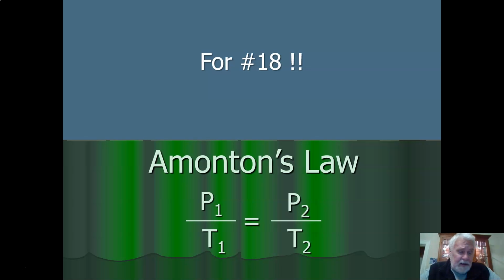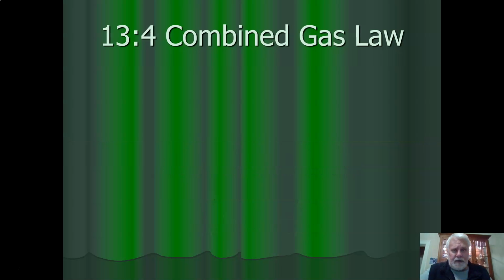It's not as common of a law, but you can see these are also direct relationships. Okay, and you could have an effect on the temperature if the pressure increases enough. You can get those molecules start to increase the average kinetic energy and increase the temperature. So again, a direct relationship. But you'll need this equation for number 18, which we're going to get to, but I just wanted to point out that there is another law called Amonton's law.